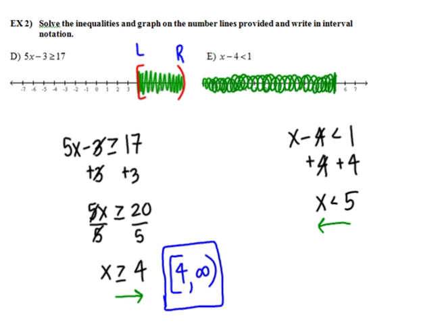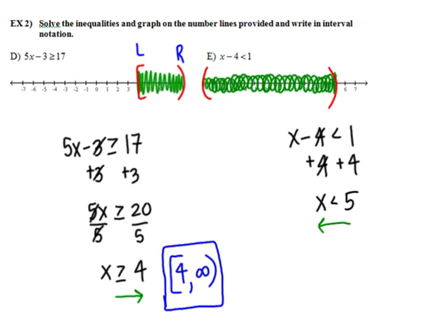Now let's talk about brackets or parentheses. I know that the infinity or negative infinity always takes parentheses, so the arrow will take parentheses. The 5, we had strictly less than. So less than doesn't have the bar underneath it. That means less than takes a parenthesis.